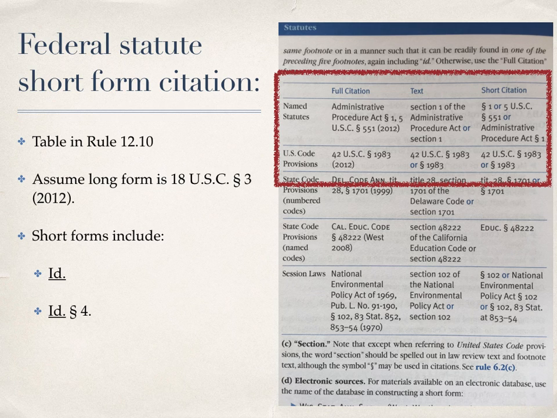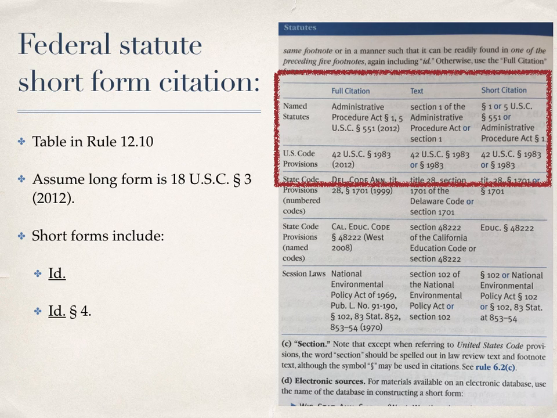You could also have id. section 4. So in this example, maybe I'm still citing to Title 18, whatever that covers, and whatever these sections within Title 18 cover. But now I want to call my reader's attention to Section 4. Well, since the 18, the USC, and the 2012 are all going to stay the same, the only new information I need to provide is Section 4.